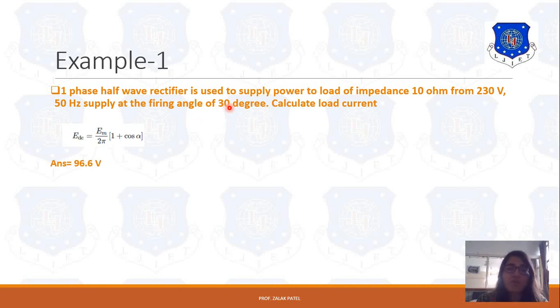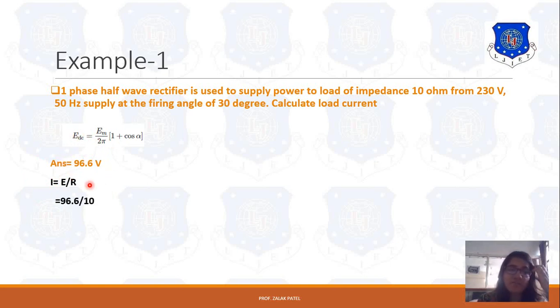Now if you want to find the current, then current is voltage upon resistance. Over here only the resistive term is there; the impedance is 10 ohm, so it is the value of the resistor. No other load is present, meaning no inductive or capacitive load. So we simply put the values of E and R in this equation.